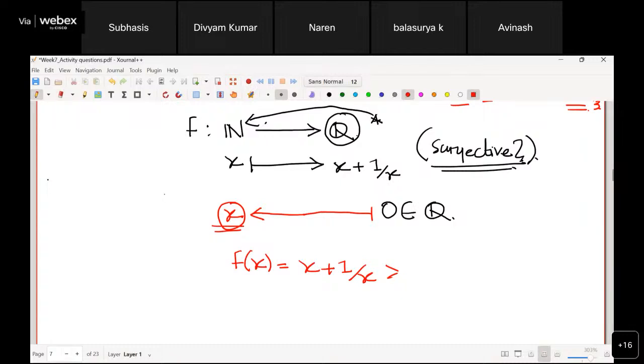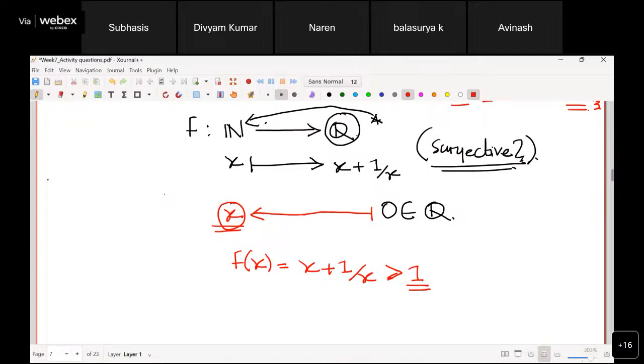Instead of greater than 0, I can say something more. It's always greater than 1, right? Because certainly x is a natural number here and x is greater than or equal to 1. That means x plus 1 by x will be strictly greater than 1.